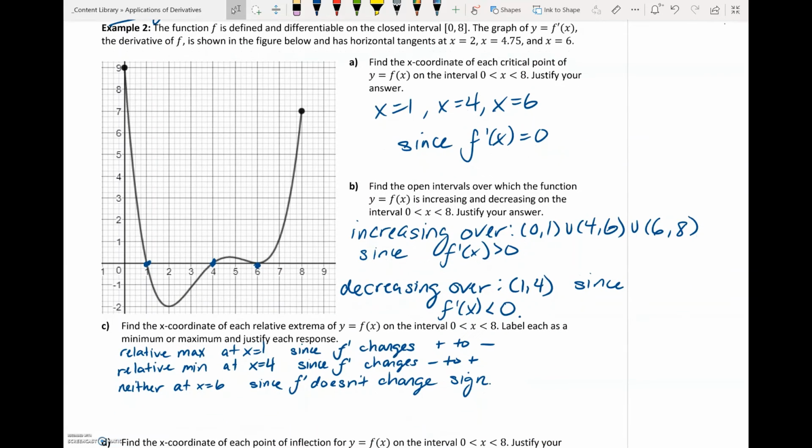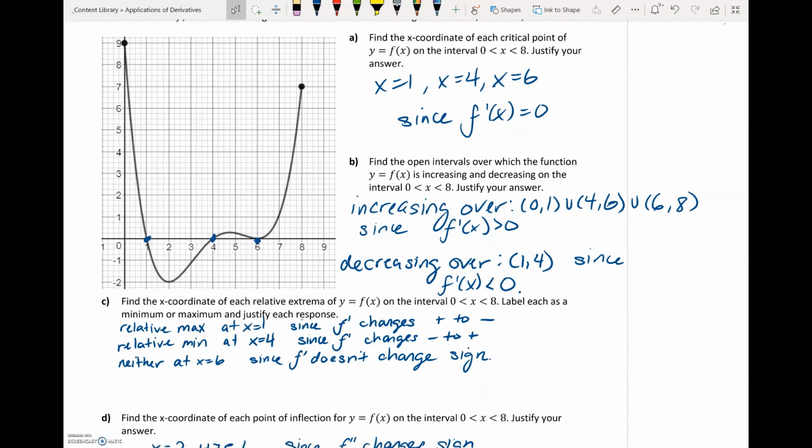So in this next example, it's fairly similar to the first one. We just want to find the critical points. And again, remember every time you cross the x-axis, or when f prime of x is 0, this is your critical point. So this happens at 1, 4, and 6. Now we want to know when f is increasing or decreasing.